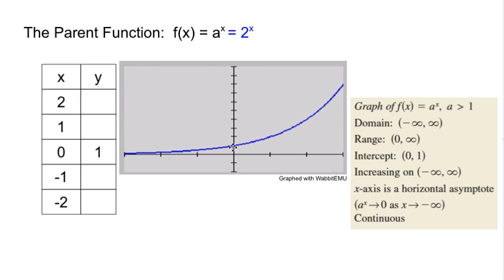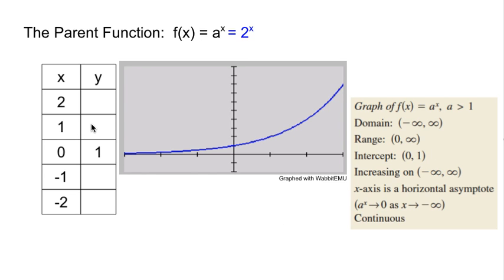And you'll see this function right here crosses right at the point (0, 1). Now, over here we have some general properties of the graph of a to the x. We already saw the domain and the range. The interesting thing is that the y-intercept, unless our function has been translated up or down, will always be the point (0, 1).